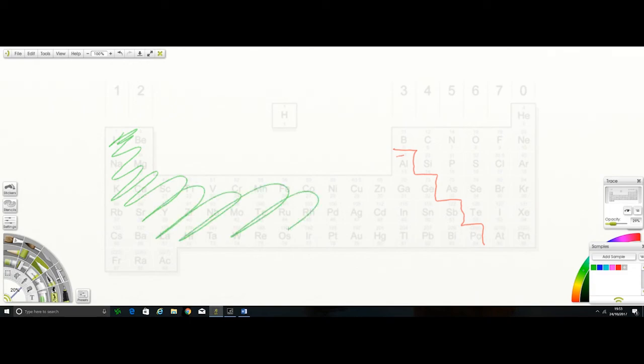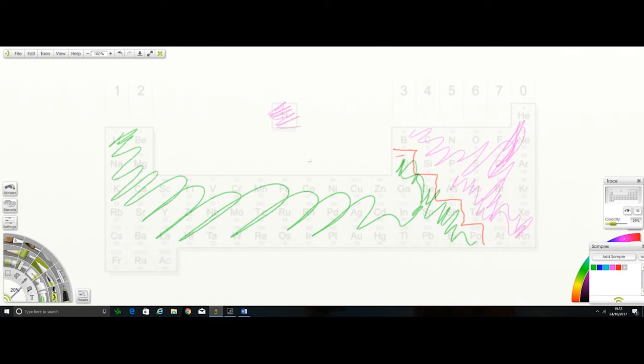All of these are metals, and anything on the other side are non-metals. One other thing is hydrogen is also a non-metal. It belongs to group 1 period 1. However, the reason why it's not put here is these are metals, so it's a bit odd to put it in the metal section, although you will see some periodic tables that put it there. It's best to leave it on its own because it's not a metal.